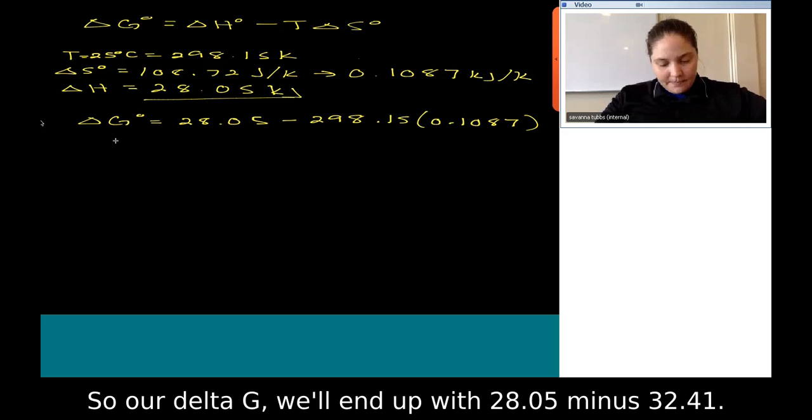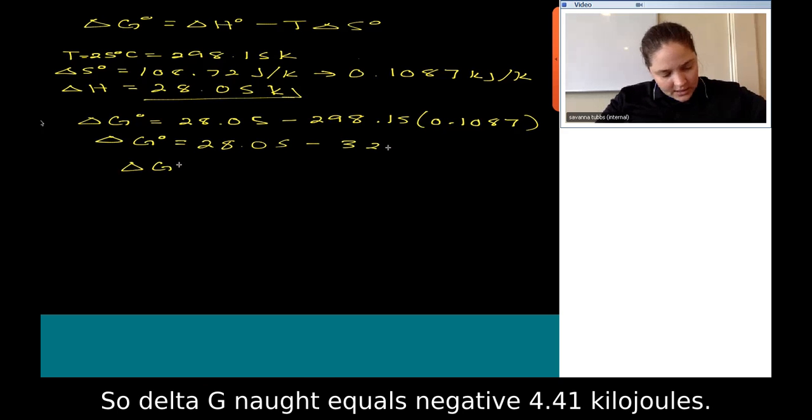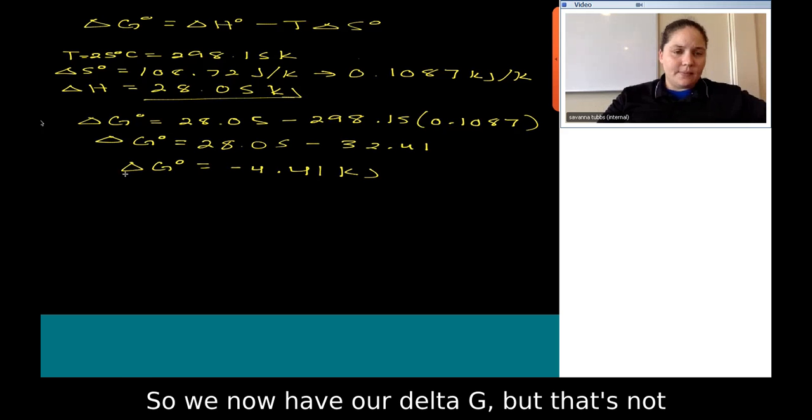So our delta G will end up with 28.05 minus 32.41. So delta G naught equals negative 4.41 kilojoules. So we now have our delta G.